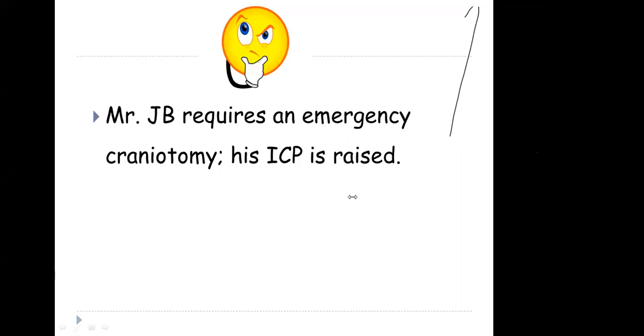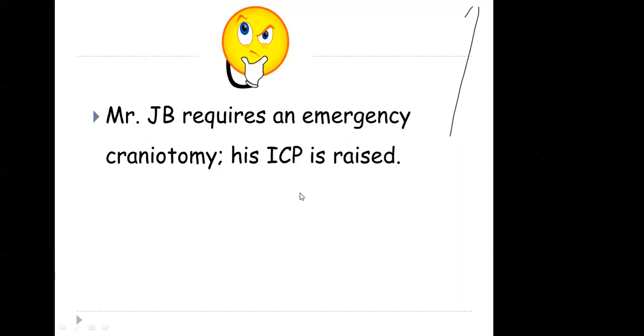So the person who said thiopentone decreases the metabolic rate, that's why thiopentone is preferred, and because of the anticonvulsant properties. Thiopentone is not contraindicated in a raised ICP. It's actually what you want to use.